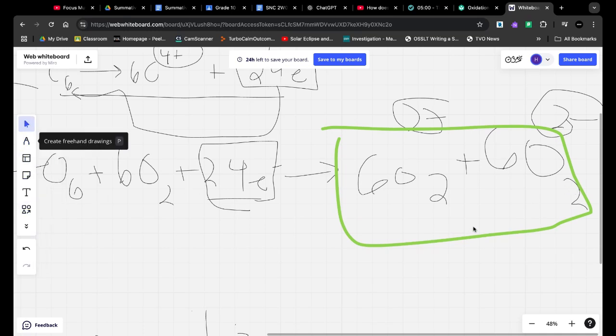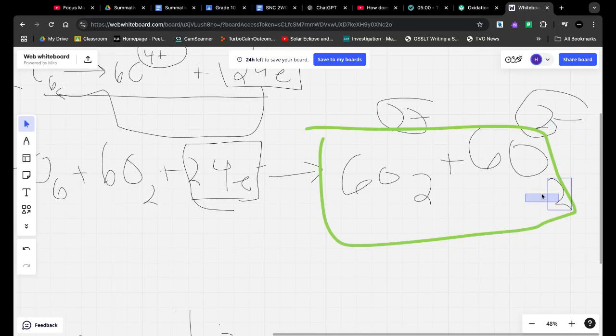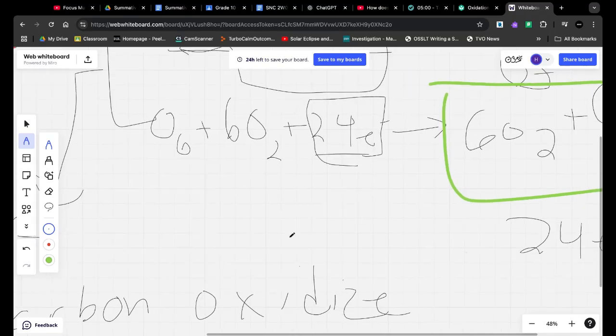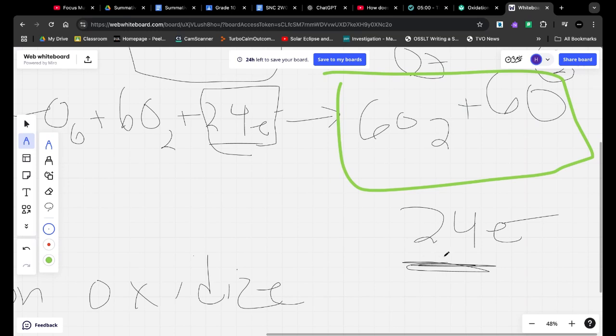I just realized this doesn't have an O2 because it's part of the CO2. But these two specific species have a surplus of 24 electrons that they can use.